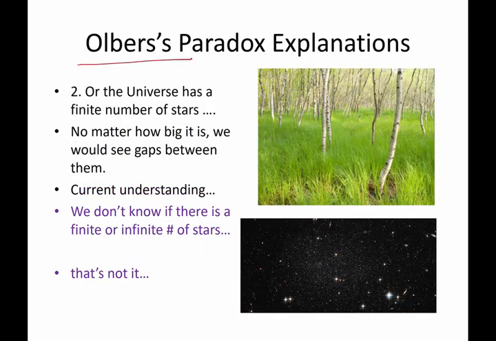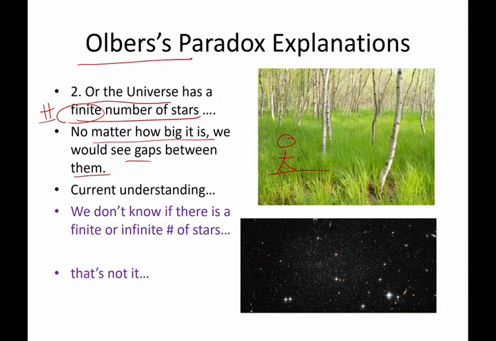The other possible answer that Olbers came up with is that the universe has a finite number of stars, meaning no matter how big it is, we would see gaps between each individual star. If there are only a set number of stars, there are gaps between them. Again, back to the forest analogy.